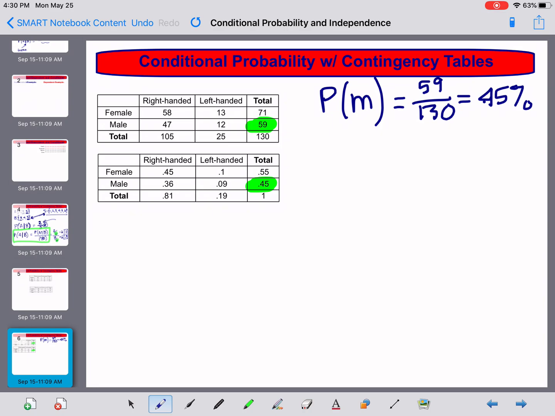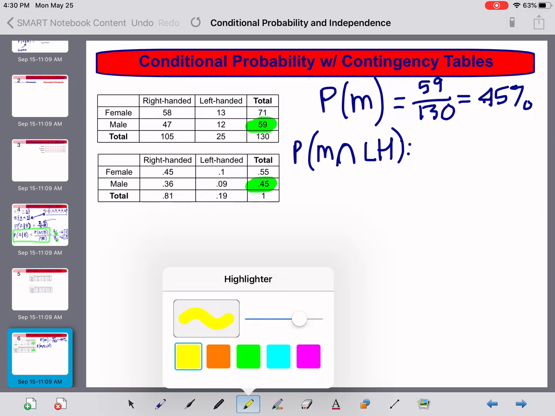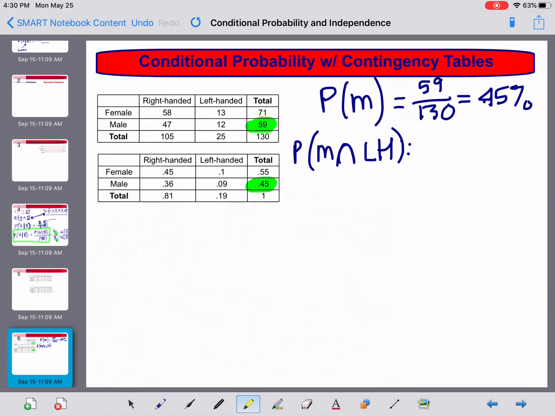It's just an easy way to get my data, and I can do that with any of them. If I say I want a left hand, right hand, female, whatever. I can also do that with unions and intersections. So if I want to say what's the probability I have a male and left hand, so that intersection. Well, I can simply find that's a joint probability.